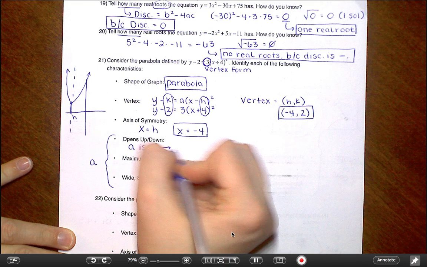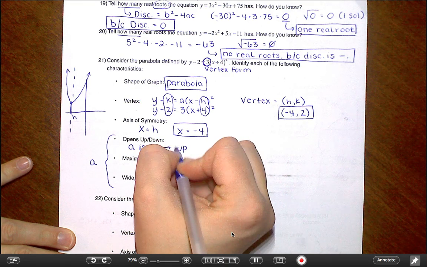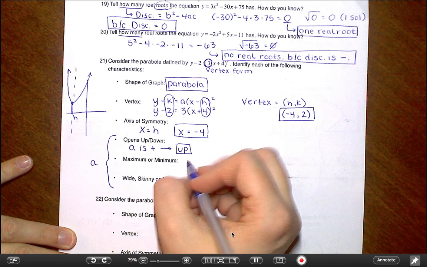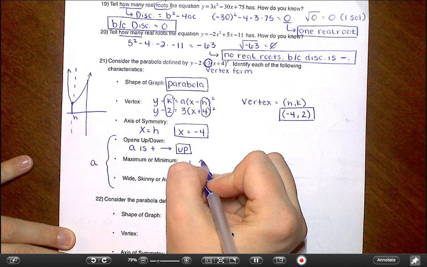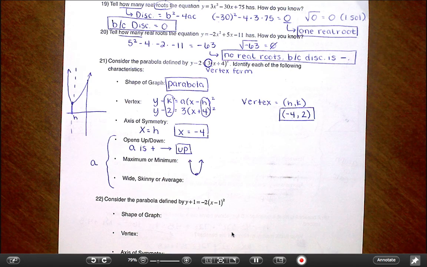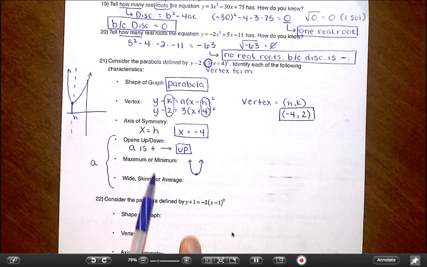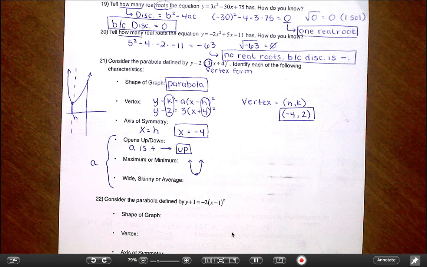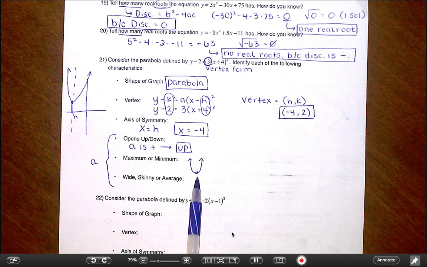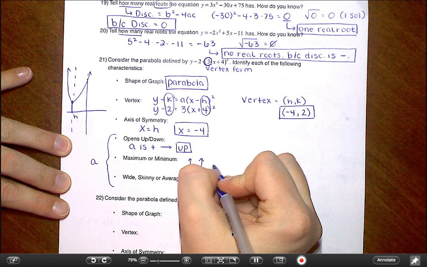So that means it opens up. Now, if it opens up, that means it looks like this. And that means the vertex has a low point, not a high point. What I'm really asking you here is, does this have a very lowest point? Does it have a bottom, or does it have a top point? This doesn't have a top because it's got arrows that keep it going on forever, but it does have a bottom. So that's a minimum.